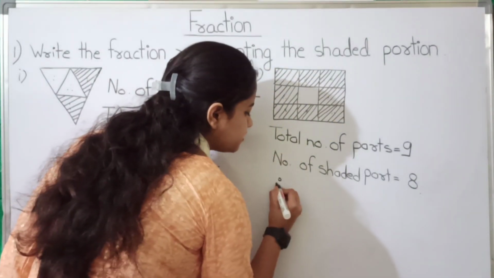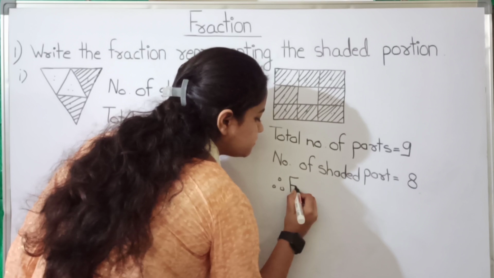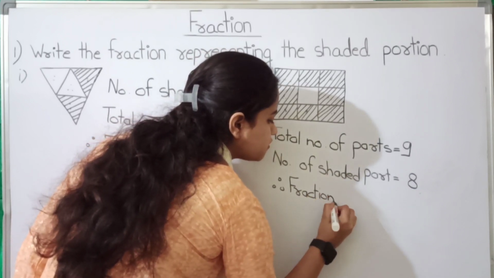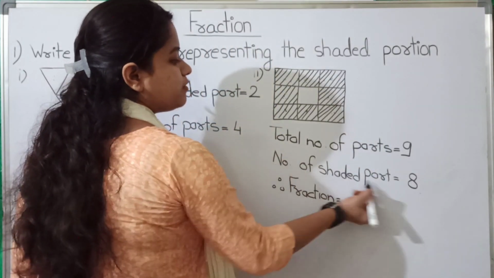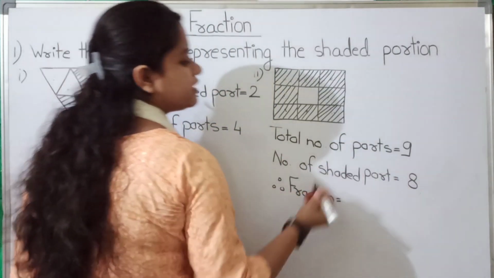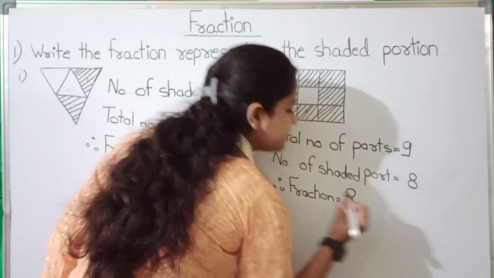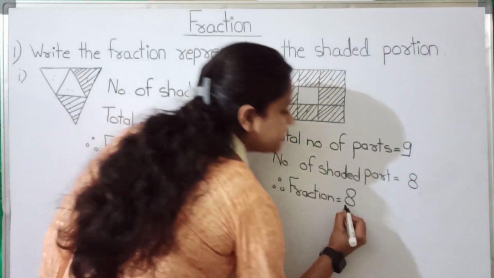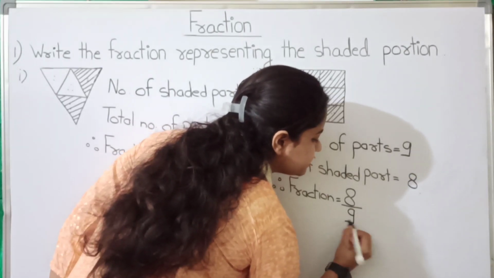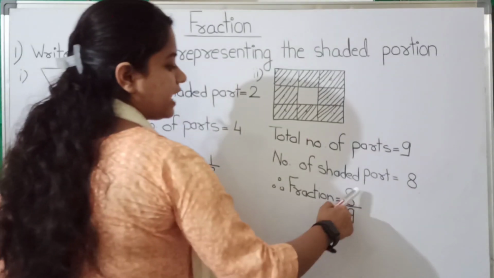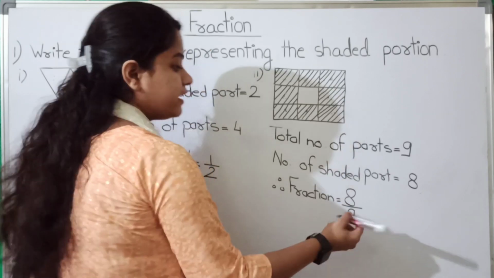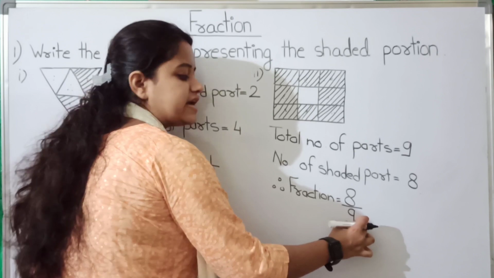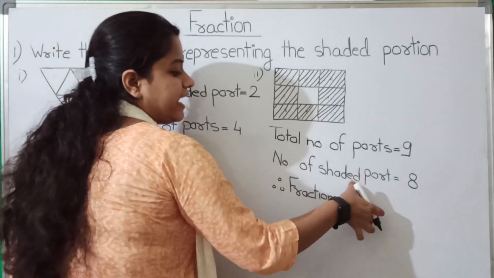Therefore, fraction will be number of shaded parts divided by total number of parts. That is 8. Shaded part कितना है? 8 है. Total number of parts कितने हैं? 9 है. So fraction will be 8 by 9, and 8 by 9 cannot be simplified. 8 by 9 कोई भी ऐसा common number नहीं है जिससे numerator और denominator दोनों cancel हो जाए. So our fraction will be 8 by 9.